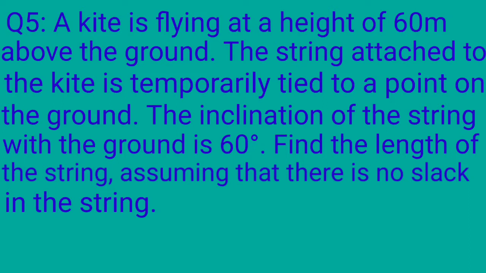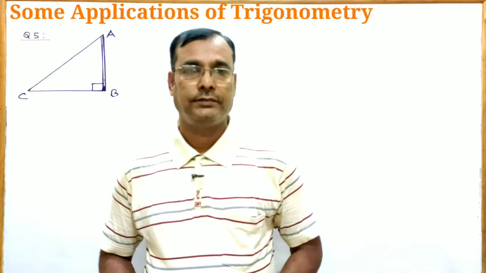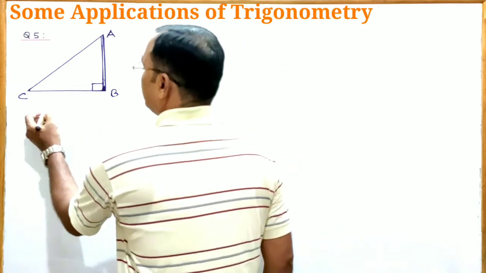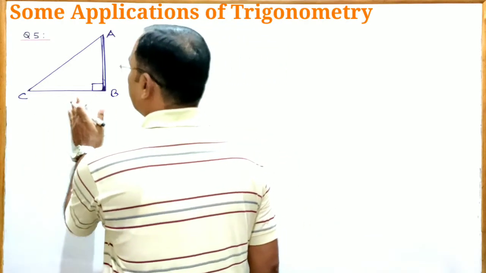It's a very simple question. Let's draw the figure for this question. In this given figure, AB denotes the height of the kite.